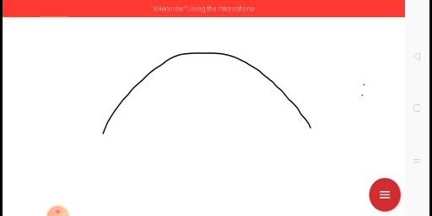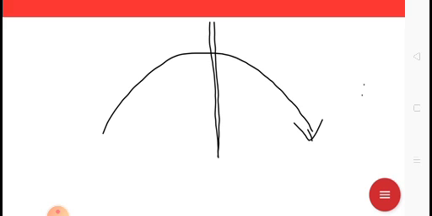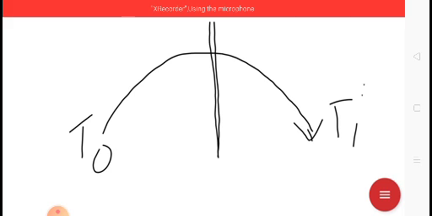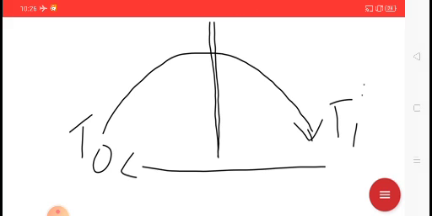Okay, as you know, for projectile motion, this is a quadratic graph. You already know, and so this is the symmetrical line. So the total time for this, let's say from t0 to t1, is a total time t0 to t1.